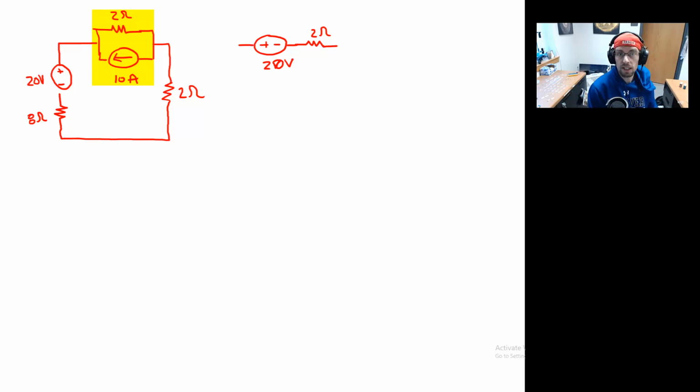And again, I'm just taking care of that upper part. And notice the direction of the high and low. And just emphasize, since the current supply is causing current to go from right to left, that means that the high side of my battery or my potential source is on the left-hand side.